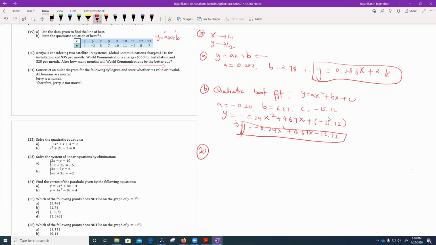So how do you find the break-even point? First, you need to set up the model for these two.